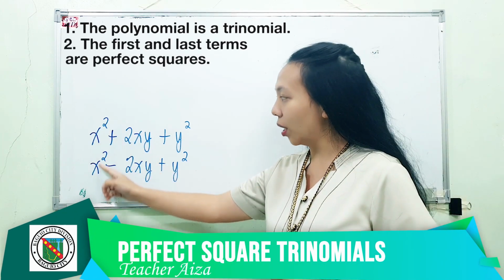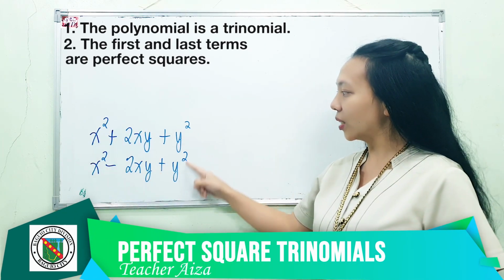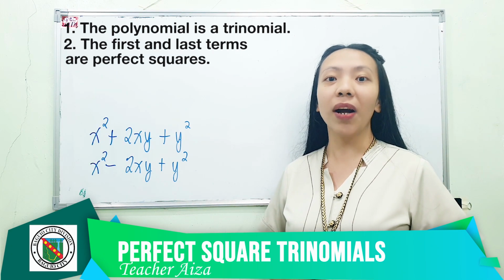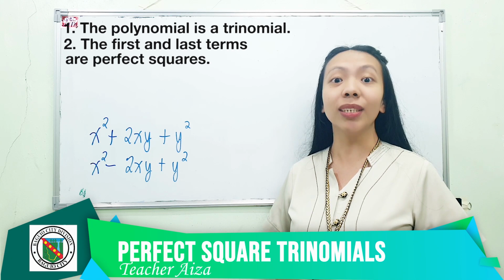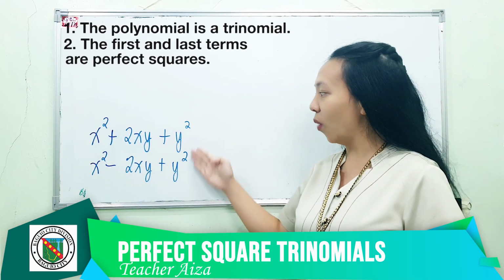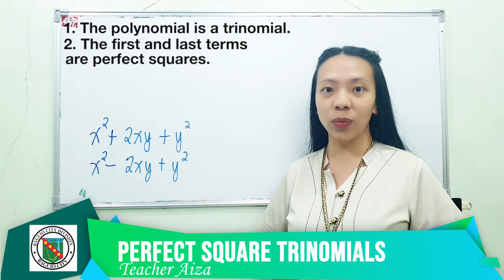Second condition. The first term and the last term must be perfect squares. Recall that a variable with an even exponent is a perfect square. Thus, x squared and y squared are both perfect squares.